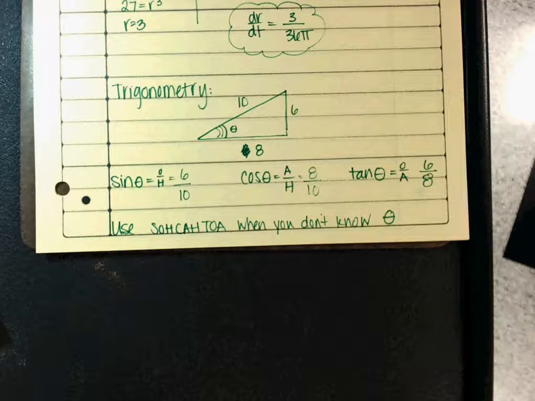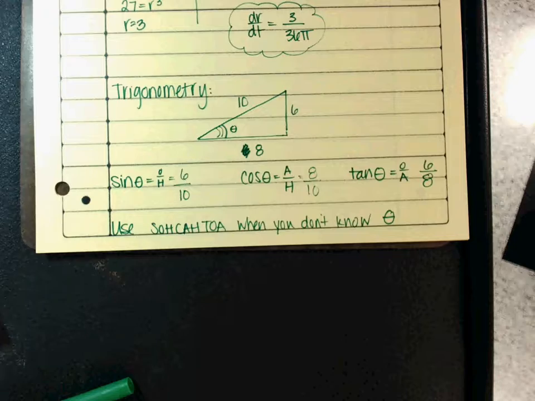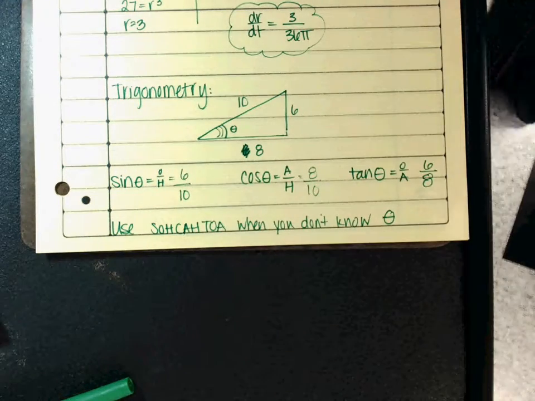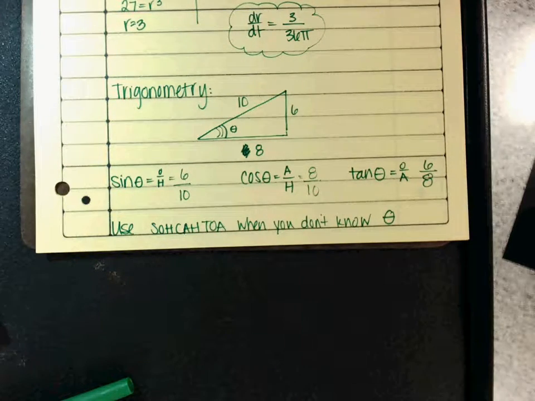But if I don't know theta, that's when I would say, okay, what are the sides of my triangle? And then I would try to go from there, okay? So the first example that we're going to do off your sheet, this is your pink sheet, is going to be the very top one about a spy tracking a rocket.